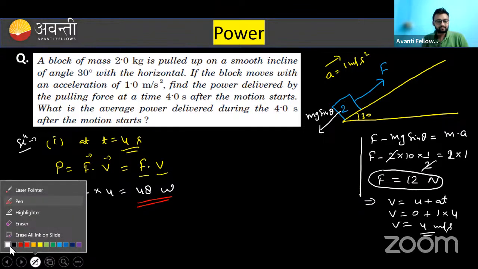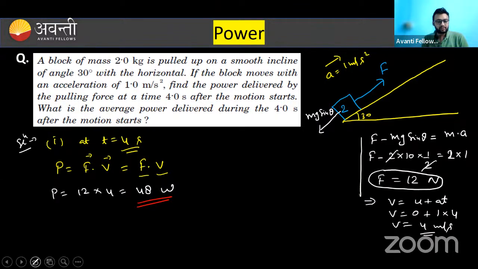Now, for the second question, it says, what is the average power delivered during the 4 seconds after the motion starts? Means from here till the 4 seconds. Now, during the 4 seconds means they are asking average power. And what is average power?